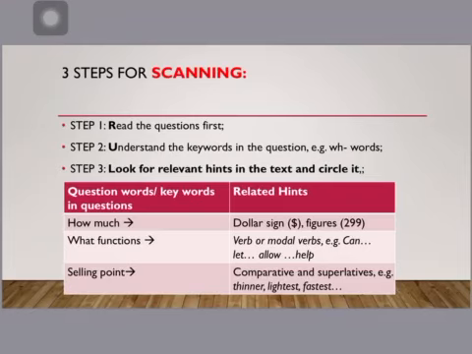Another very common one: if the question is asking what the selling points are, selling point usually means something that is better or very good, the best. So there will be comparative or superlative adjectives, for example thinner, lightest, or the fastest. Words like this let you know that that will be the answer.